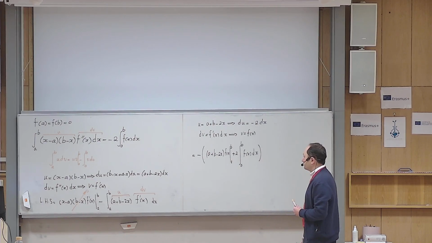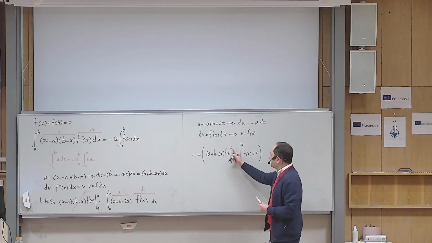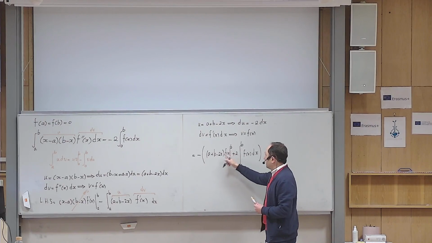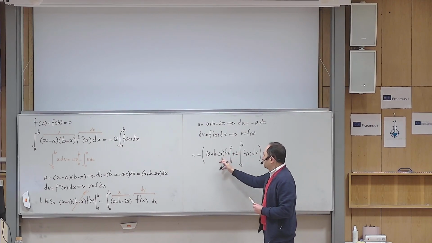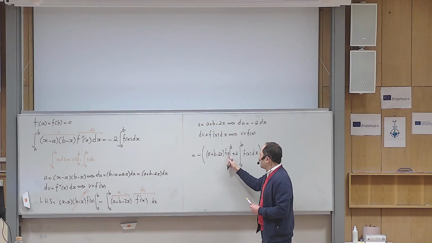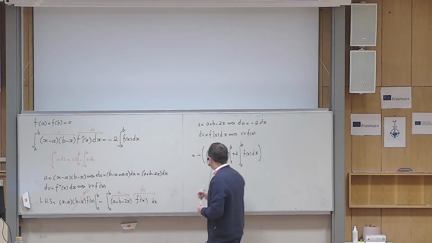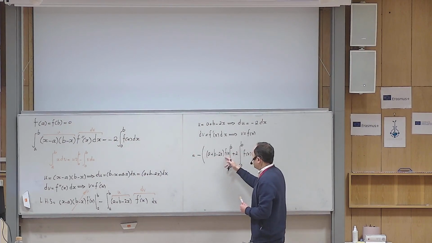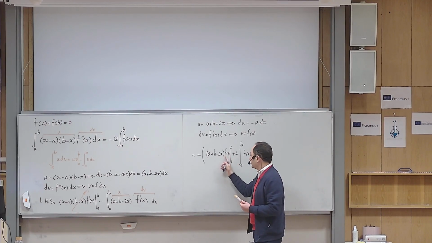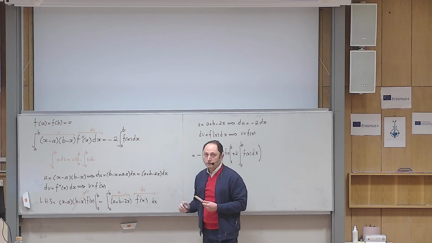Okay, so what we have to do now, I have to do the same thing here. I replace every appearance of x with b. I don't need to calculate this because this gives me f of b, and according to the problem, f of b is 0. So when I put b inside here, it becomes 0. For the same reason, when I put a there, it becomes 0 because f of a is also given to be 0.